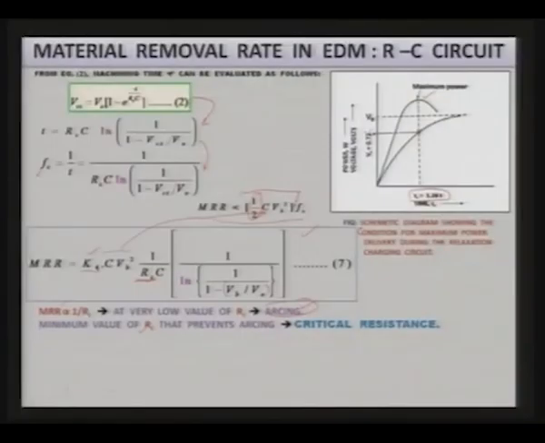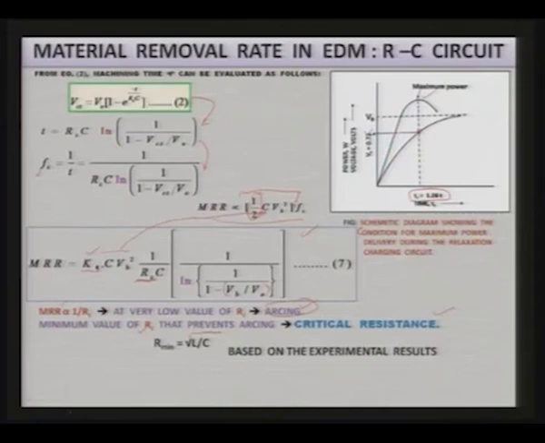So, there is a minimum value of R_c that prevents the arcing, and that value of the charging resistance is known as the critical resistance. That critical resistance, or minimum resistance that prevents the arcing, is given by the square root of L by C, where L is the inductance and C is the capacitance.